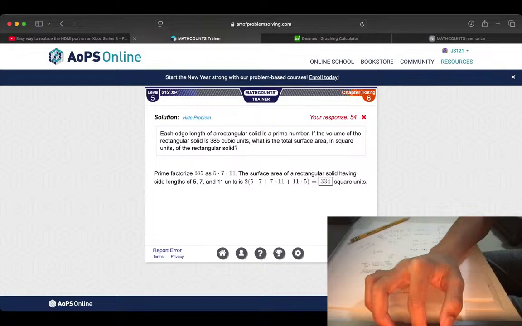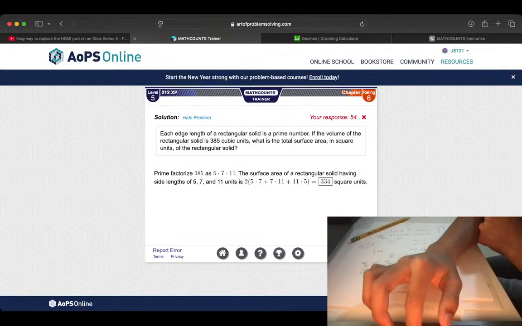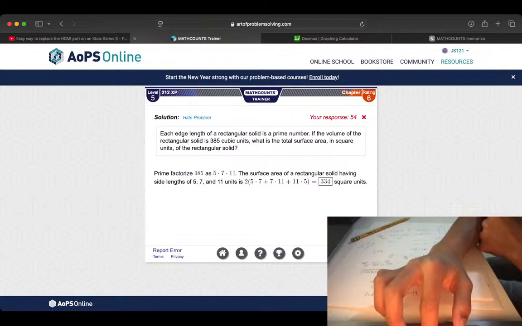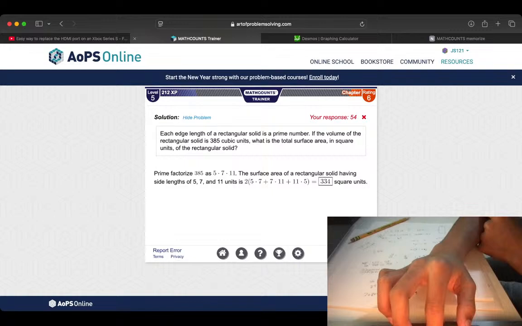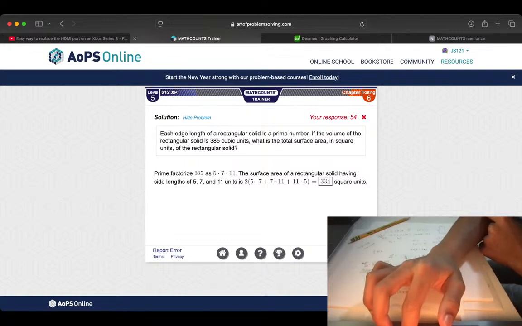So 7 times 11 plus 11.5. Surface area. Wait, it's a rectangular solid.